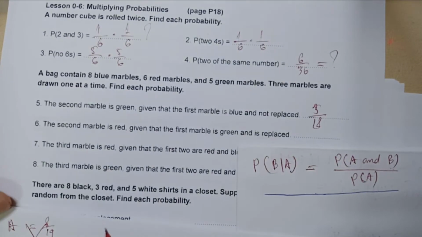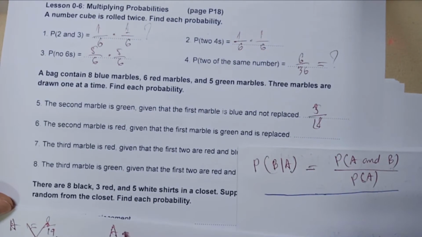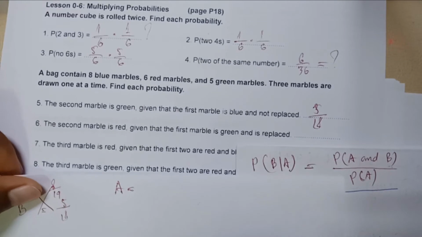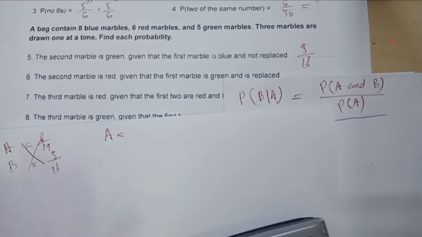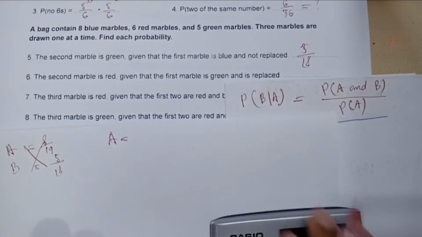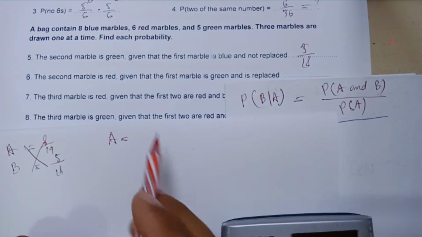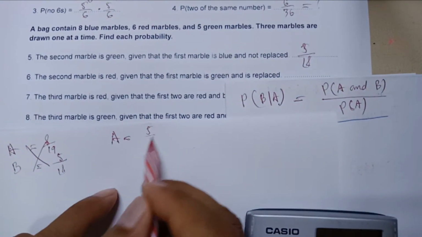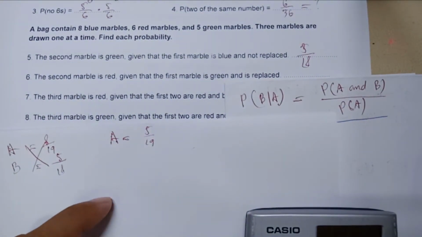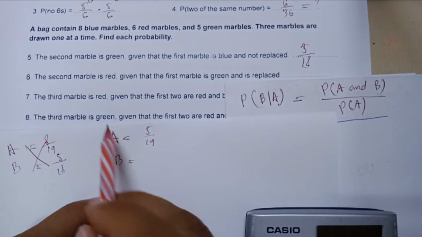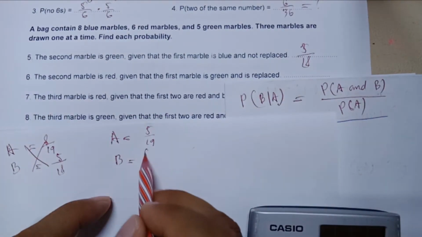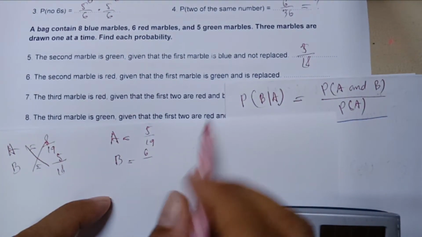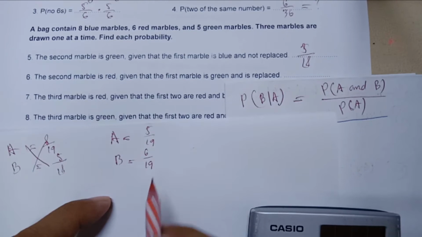So let's find the first event. First event, green marble, which is 5 over 19. That's our first event. Second event, which is red. So red, you have 6 over, this is replaced, so 6 over 19.